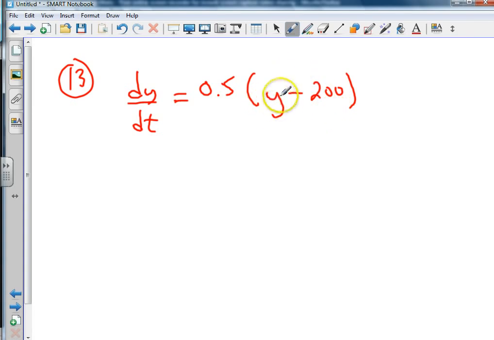What if your turkey starts off with a temperature greater than 200? It's going to be a positive rate of growth. What if we start with a temperature less than 200? It's going to be a negative rate of growth. So is this Newton's law of heating and cooling? It isn't. This would be, but it's similar.